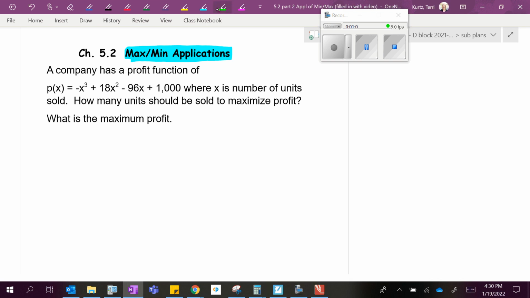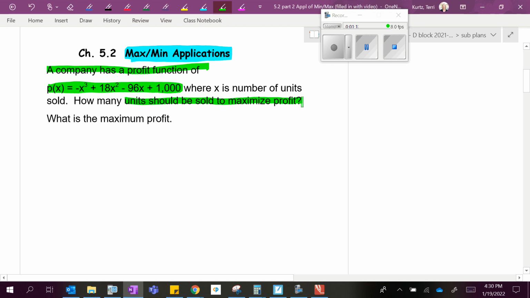So first, in reading this first problem, we've got a company with a profit function of this. So here's our profit, where x number of units are sold. How many units should be sold to maximize the profit? So again, we want to find the maximum value of this function. Thinking back to our last class, finding maximums using derivatives, we want to take the derivative, right?